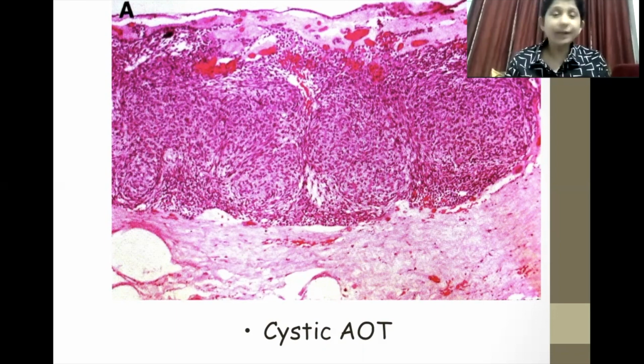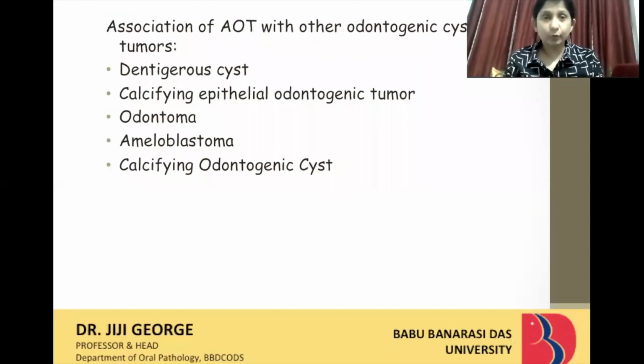But the epithelium does not resemble a reduced enamel epithelium, so we can make out that it is not a dentigerous cyst. But the epithelium would resemble an AOT. That is, the proliferation of these cells looks like a solid proliferation of an AOT, and these cell nests of AOT are found as a part of the epithelial lining. So that is when you call it a cystic AOT.